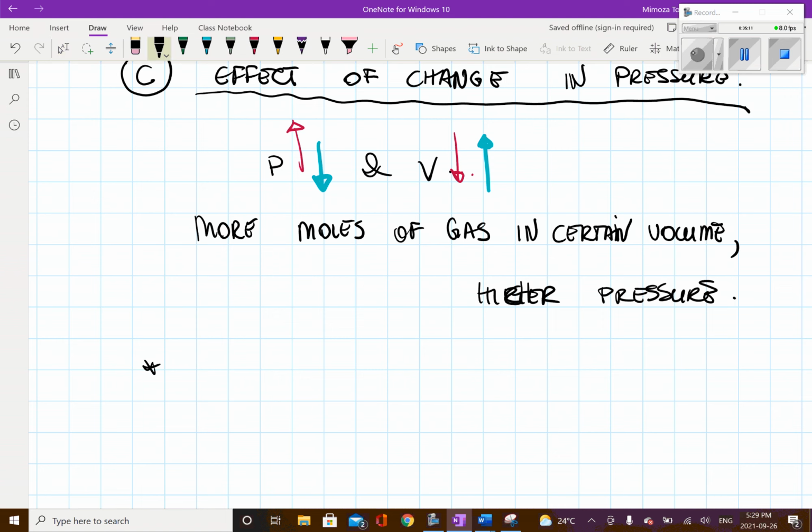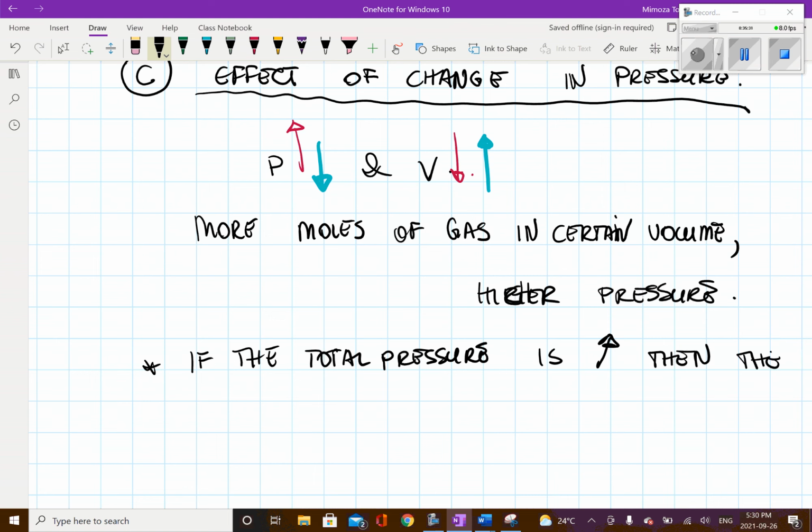So if the total pressure of a system in equilibrium is increased, then the shift will be toward the side with the lower number of moles.